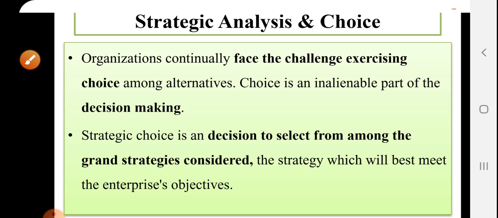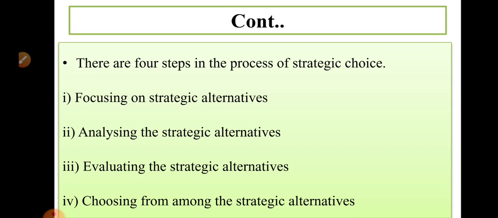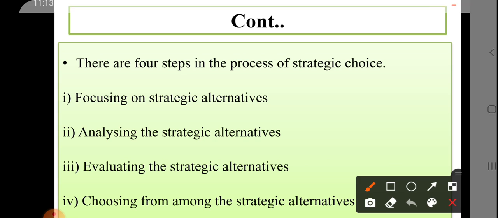It is a decision making process for deciding which strategy is good and which strategy is bad. It consists of four steps: focusing on strategic alternatives, analyzing, evaluating and choosing. Consider this funnel.